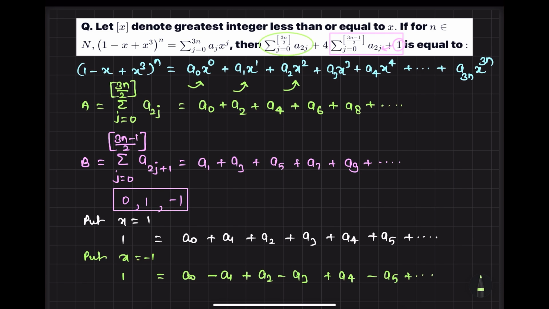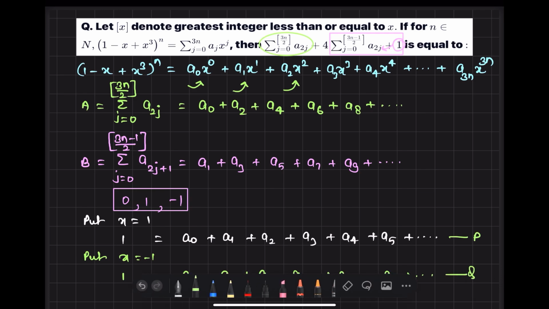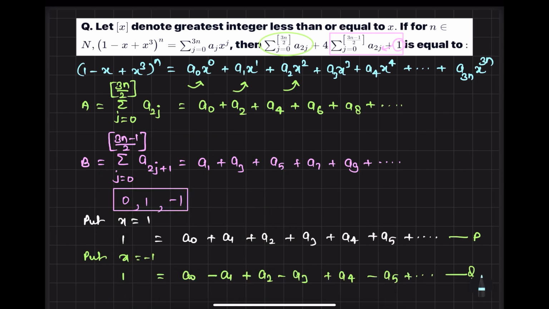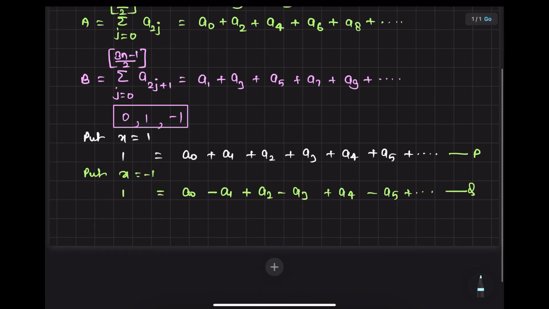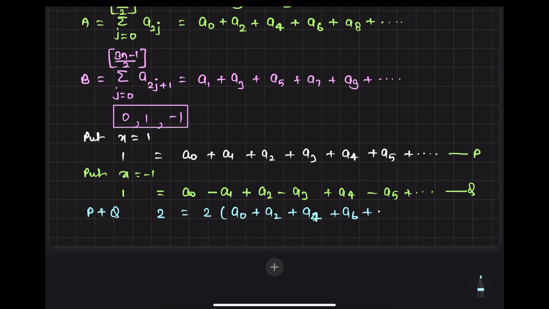Suppose that it is equation P, and this is equation Q. What I want you to do is just add P and Q. Don't you think that on the LHS you will have two, and on the RHS you will have two times the even lower subscript terms: a0, a2, a4, a6, dot dot dot?